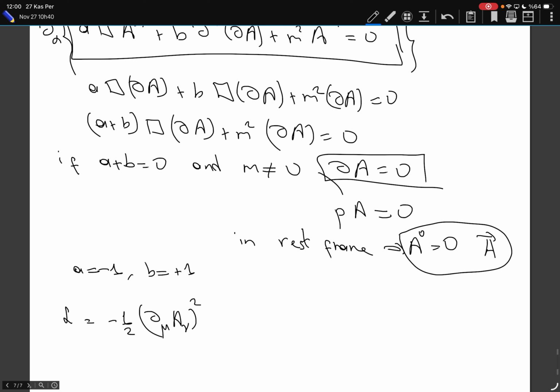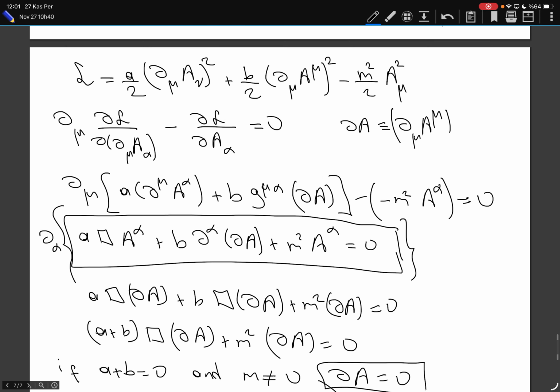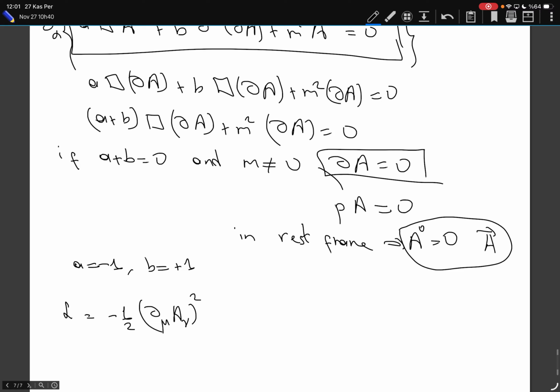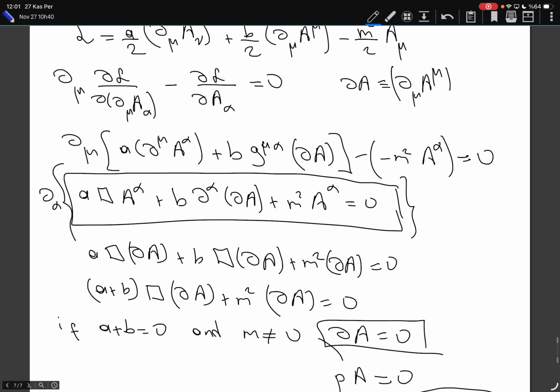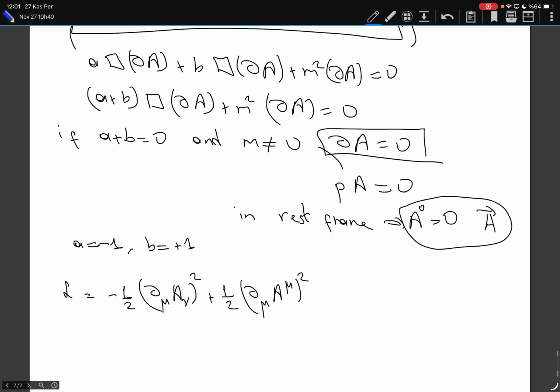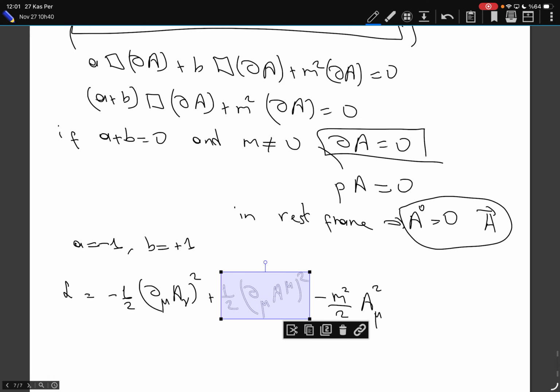So that is why I choose A to be minus 1. And then I have the other term plus 1 over 2 del mu a mu squared minus m squared over 2 a mu squared.